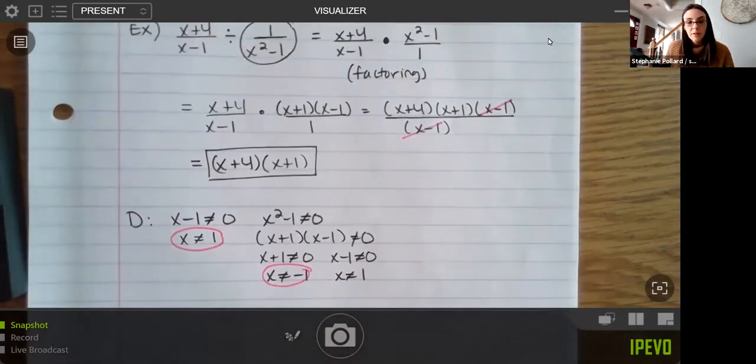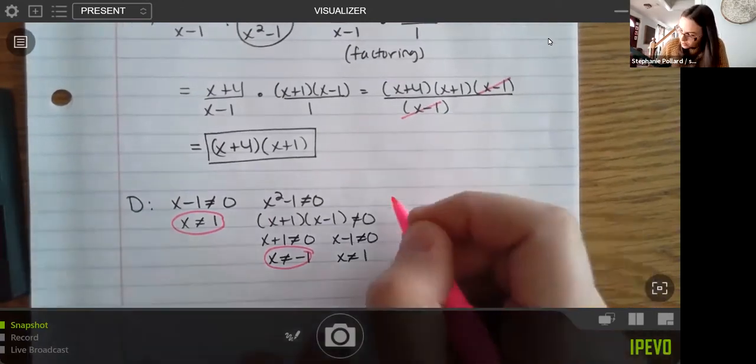There's one thing you have to watch out for with dividing rational expressions.